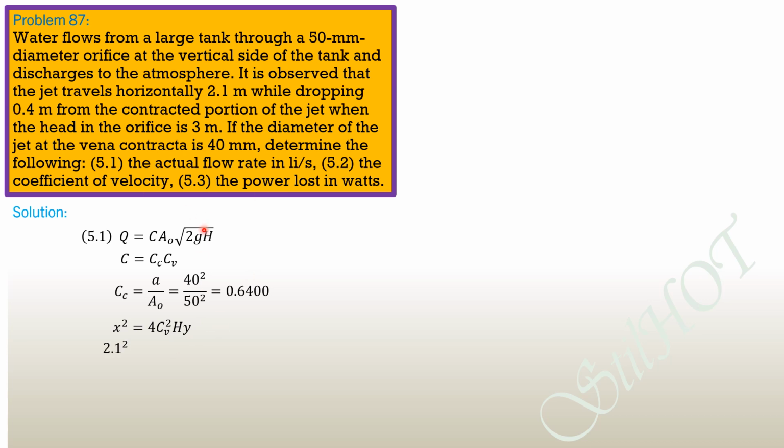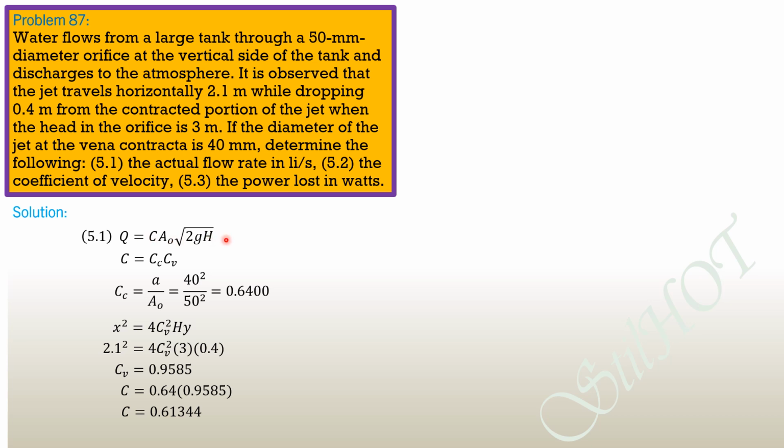So 2.1 square equals 4 C sub V square times 3 times 0.4. From here we can solve C sub V. C sub V is 0.9585. Then C is equal to C sub C 0.64 times C sub V 0.9585. C is 0.61344.